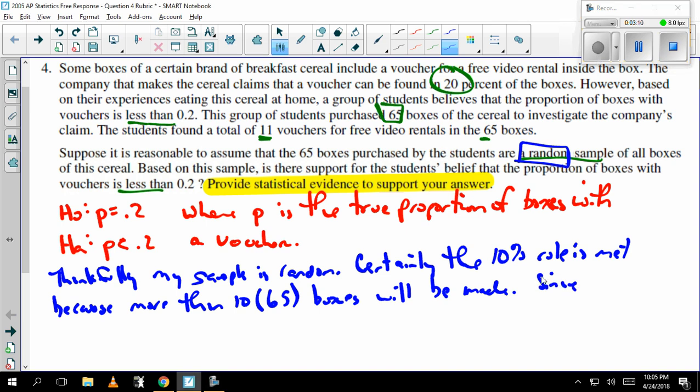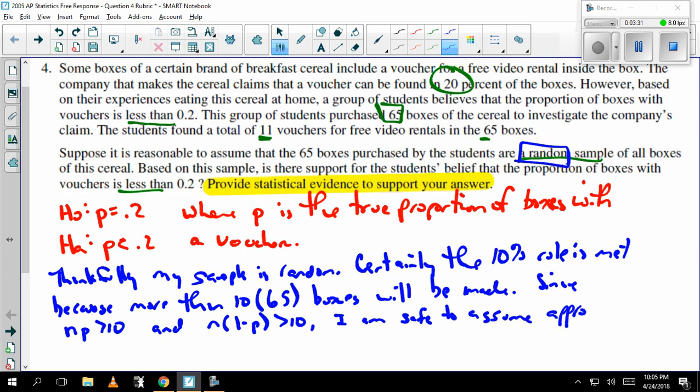Since np is greater than 10 and n times 1 minus p is greater than 10, I am safe to assume approximate normality.